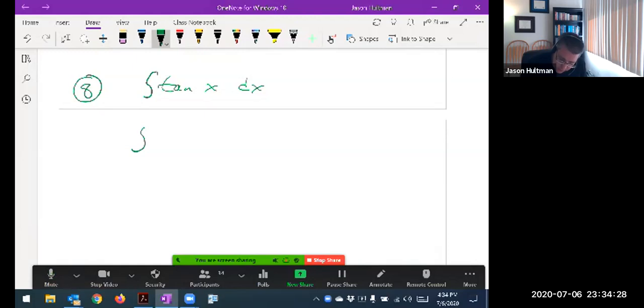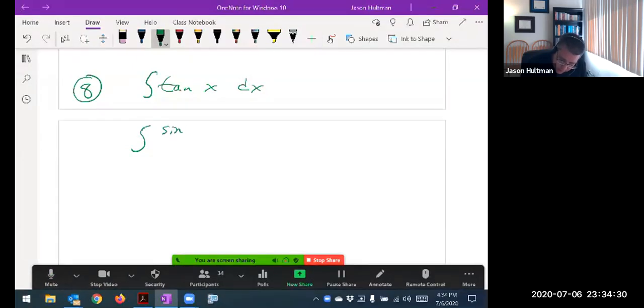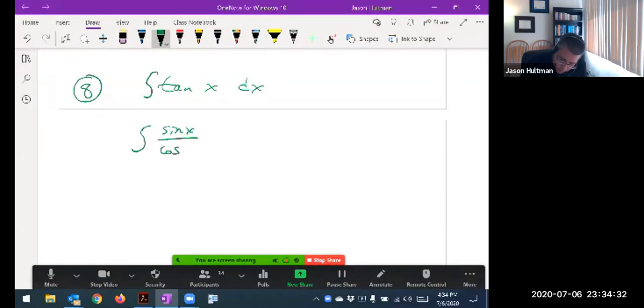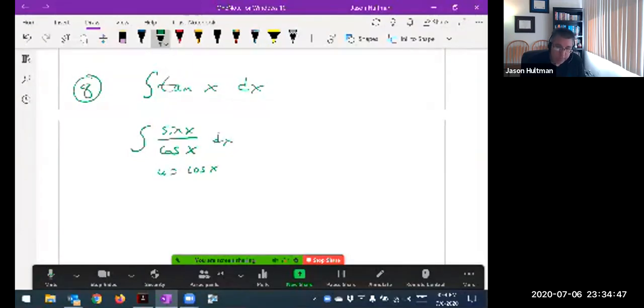What is tangent? Tangent is sine over cosine, right? So the integral of sine over cosine dx. We're going to do a u sub on this. U is equal to, I'm going to do the cosine of x this time, because I want to get that sine in the numerator as my du.